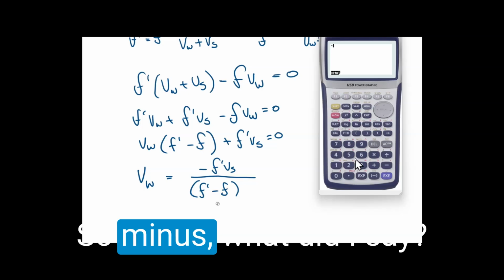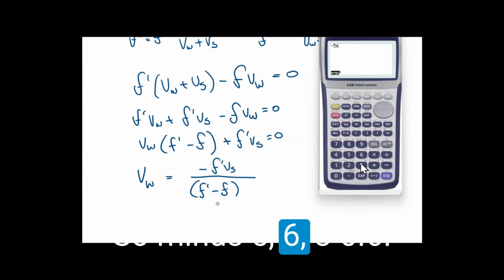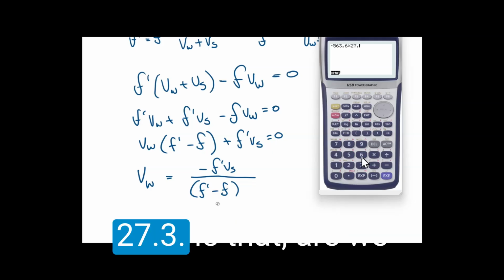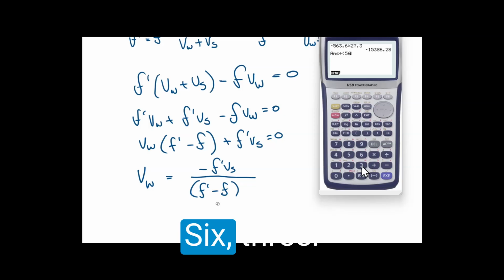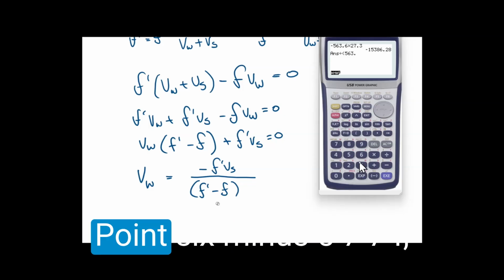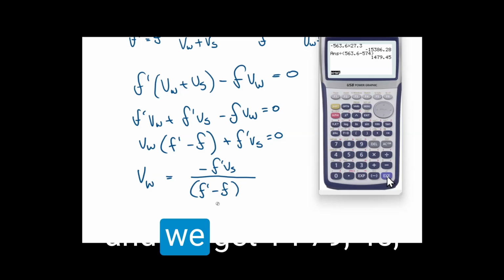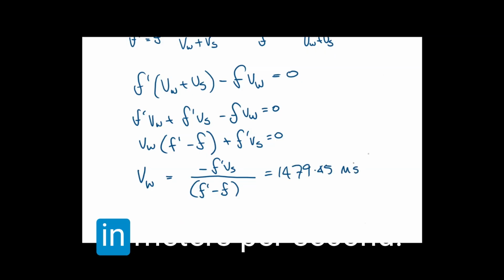So minus 563.6 times 27.3, and we're going to divide it by 563.6 minus 574, and we get 1479.45, and we have to have that in meters per second.